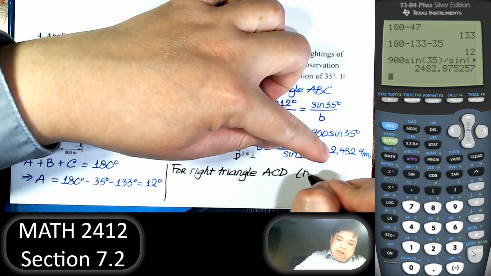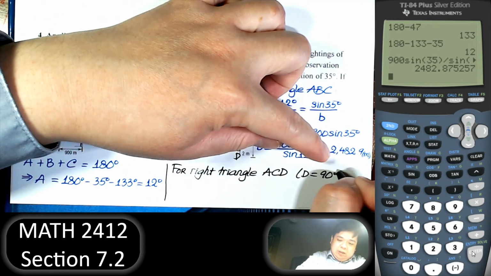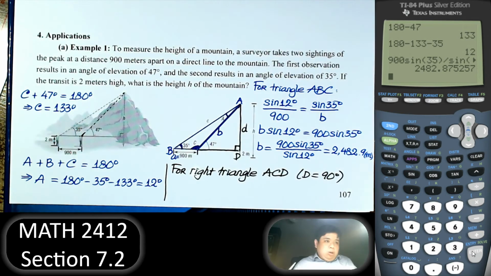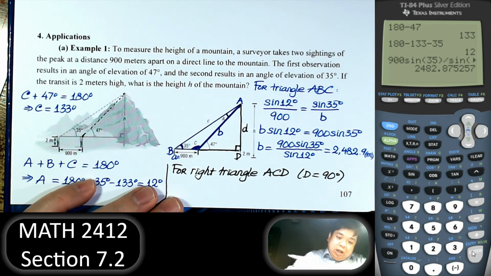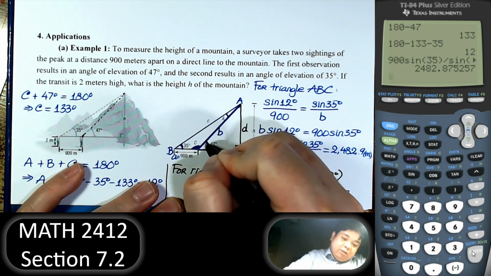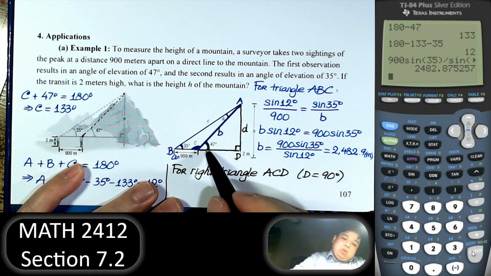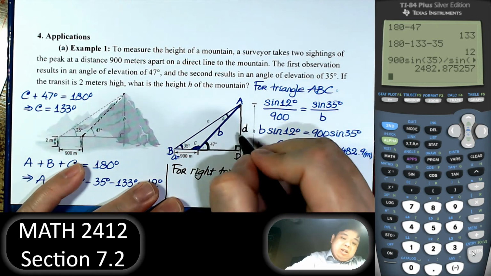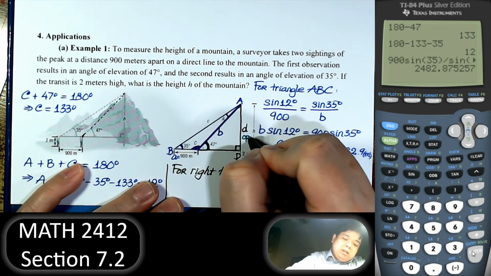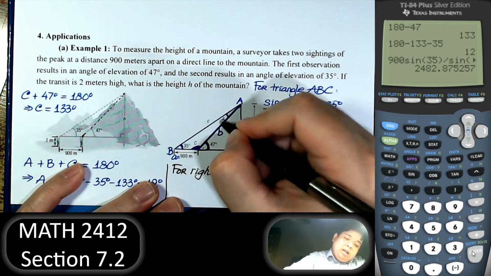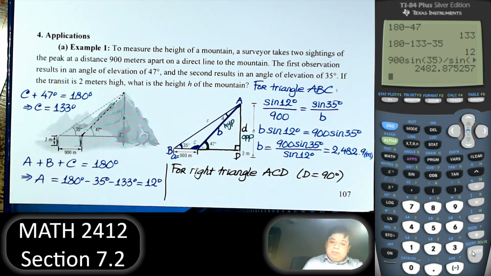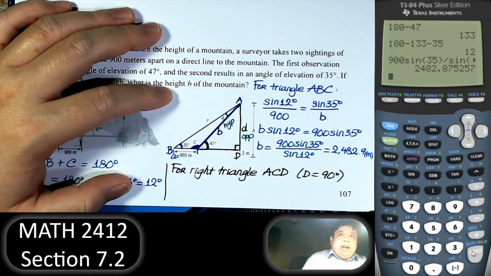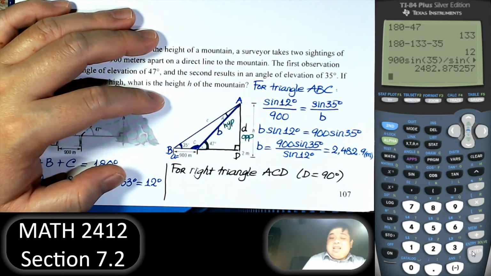Yeah, D is equal to 90 degrees. Alright, what do we have? We only have the angle here, 47 degrees. And with respect to 47 degrees, D is going to be opposite. And B is the hypotenuse. And opposite over hypotenuse, that has to be sine.